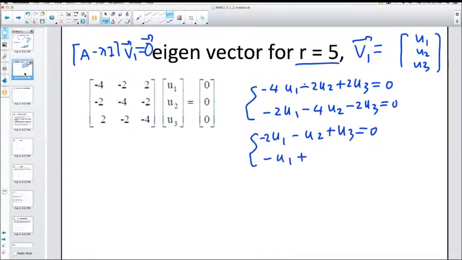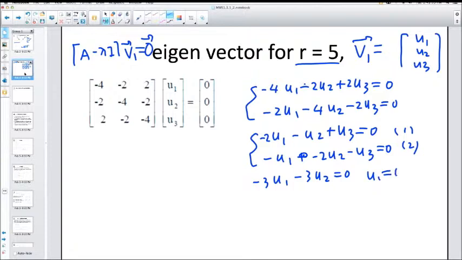Negative u1 minus 2u2 minus u3 equals 0. And if you add the first to the second, we get negative 3u1 minus 3u2 equals 0. That means u1 equals negative u2.